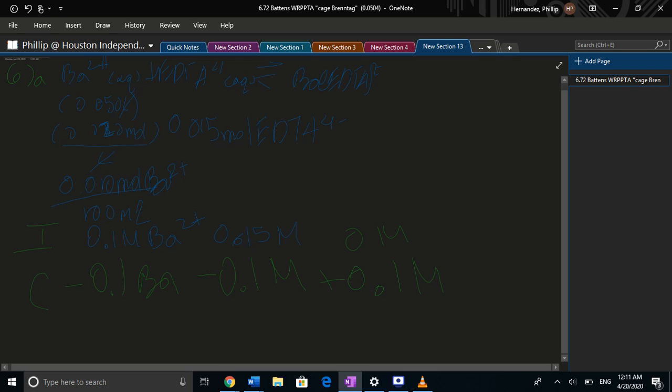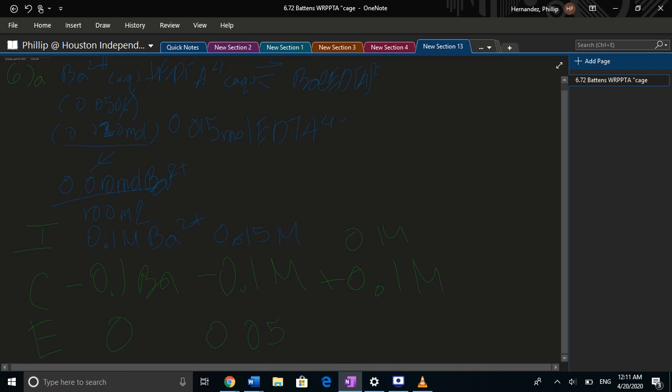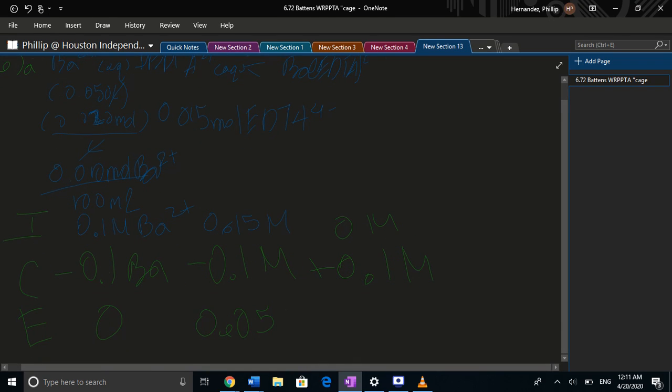So at equilibrium, this is going to be 0, this is going to be 0.05 in excess, of course, and this is going to be 0.1 molar.